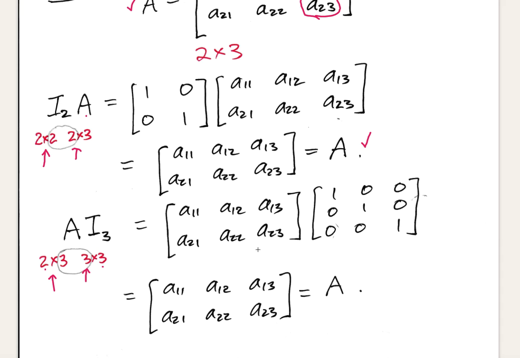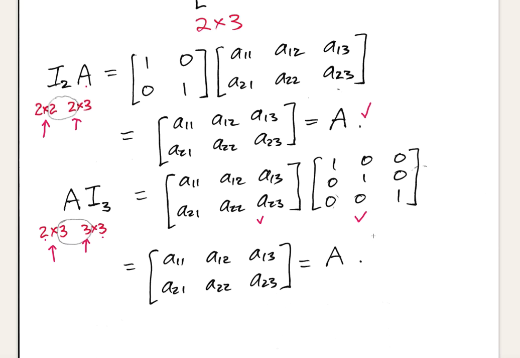If I take the matrix A, there are its entries, and multiply by the 3 by 3 identity, again, practice this exercise, it's real easy, you get A back. So I sub 3 on this matrix is acting like a right identity.